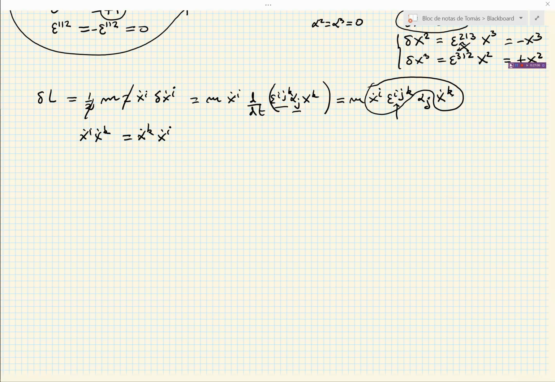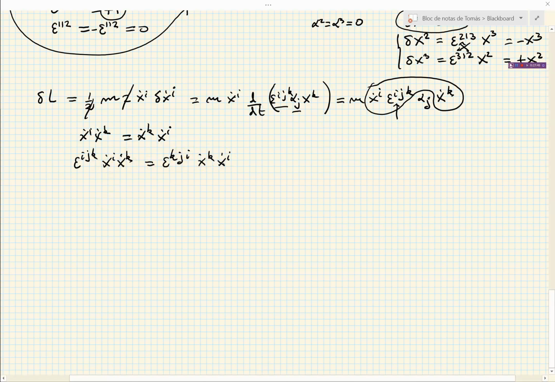Whenever you contract a symmetric tensor with an antisymmetric tensor, you get 0, and we can see it easily. So here it is epsilon I j k x dot I x dot k. The first thing that we do is to replace the index I and the index k by k and I without doing anything else. So it's just relabeling indices, and these two things are exactly the same.